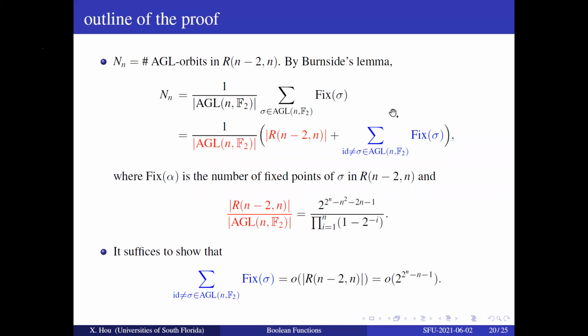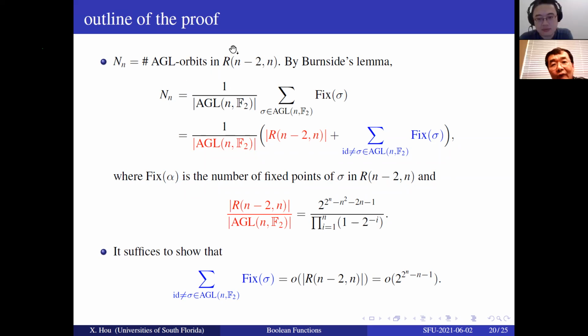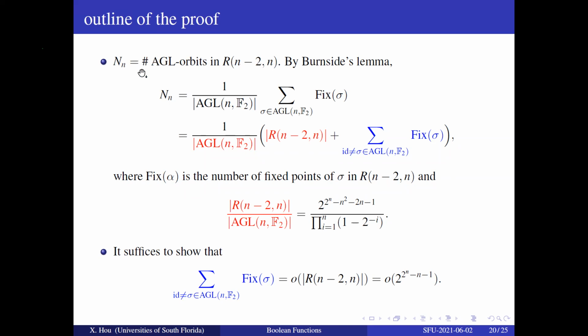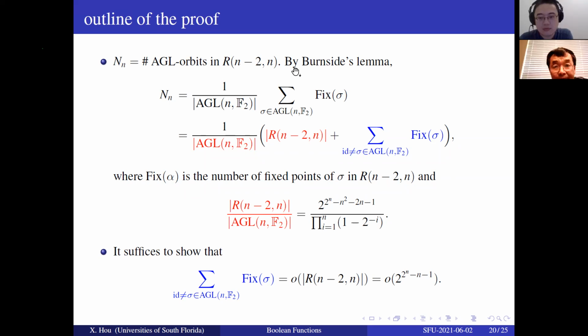So first, we know that this number, capital N sub n, is the number of AGL orbits in this Reed-Muller code. So you have the situation of a finite group acting on a finite set, and you want to know the number of orbits. Therefore, you can use Burnside's lemma.